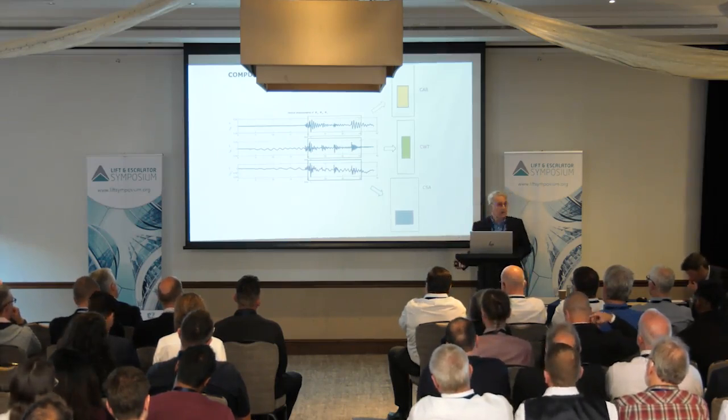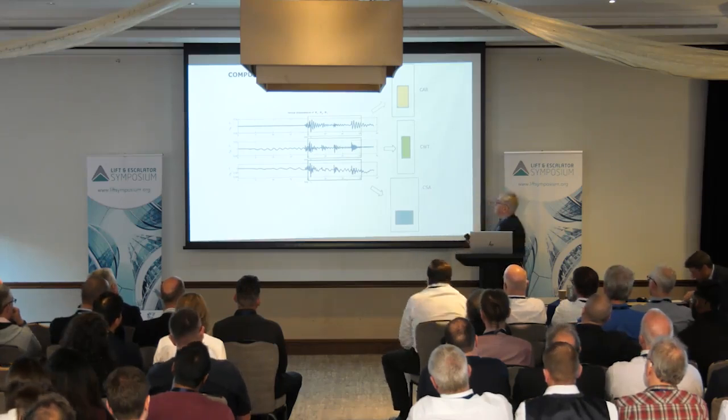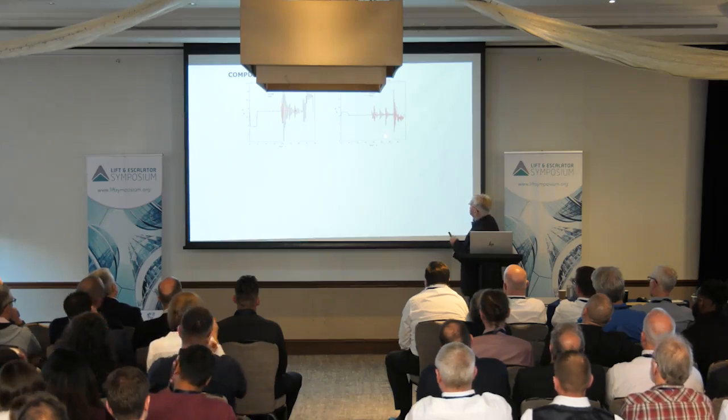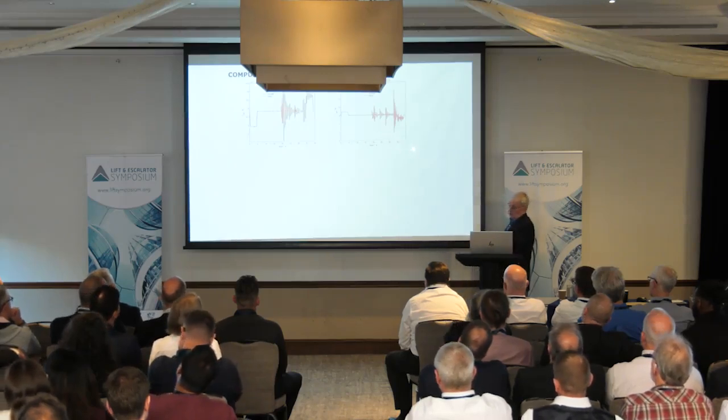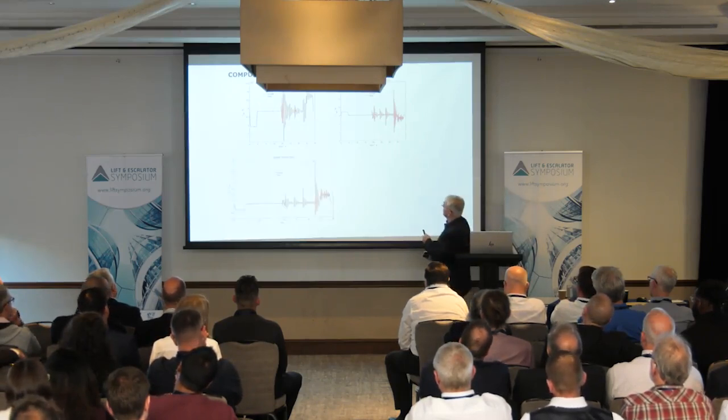And what we do now, we can calculate the tensions. Based on this, here are the tensions. At the left-hand side, you have the tension in hoist ropes at the car side, and at the counterweight side is the second set of curves.